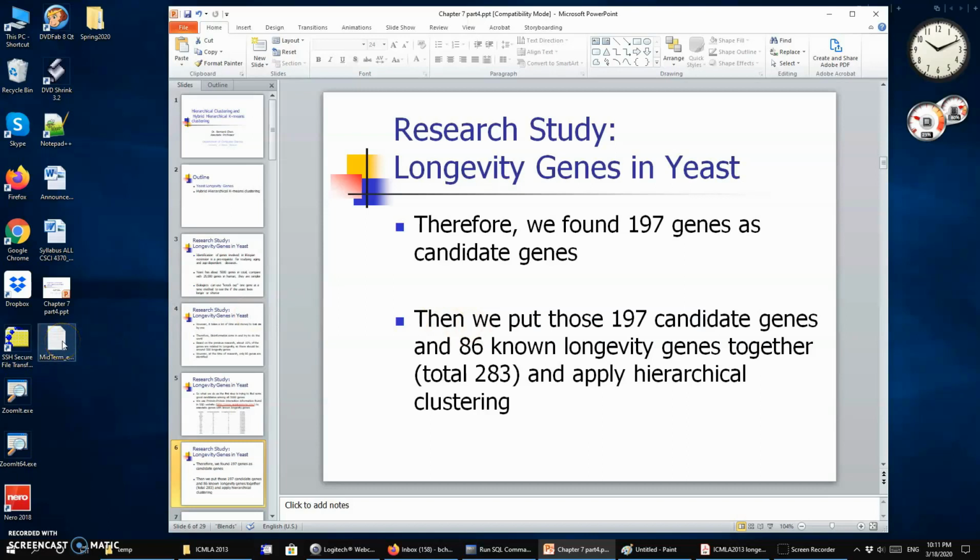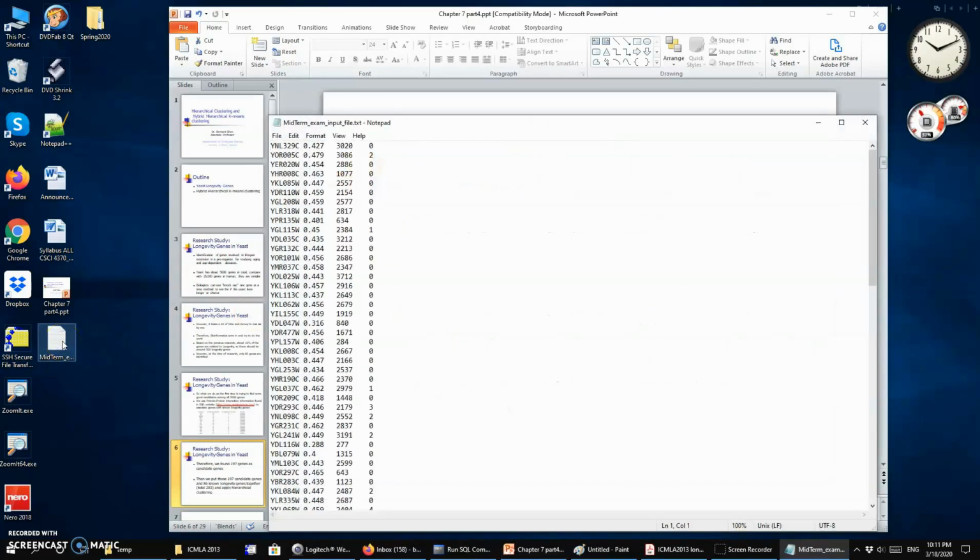So what is that kind of data set? The data set looks like this. Looks familiar to you guys? This is actually the file I want you guys to work on for exam number 1, the midterm exam. Each gene on the left side, these are the gene names. And each column is the experiment result for the genes.